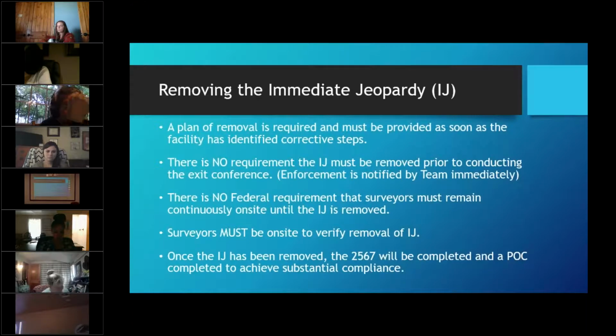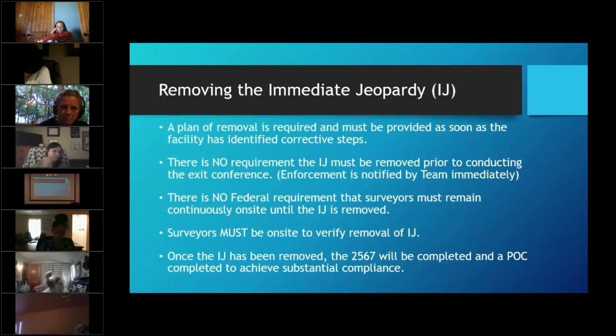Surveyors must be on site to verify IJ removal. So if they leave on Friday and your IJ has not been removed, and they're telling you this, they're going to have to come back to verify that it's been removed. That will more than likely be the following week.